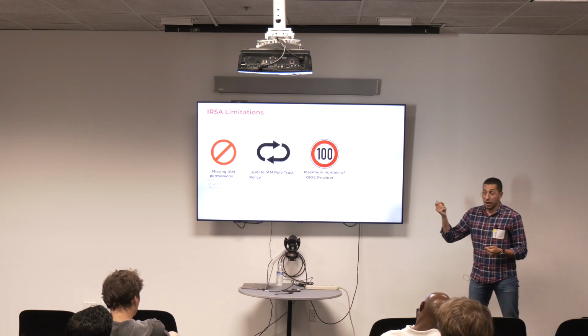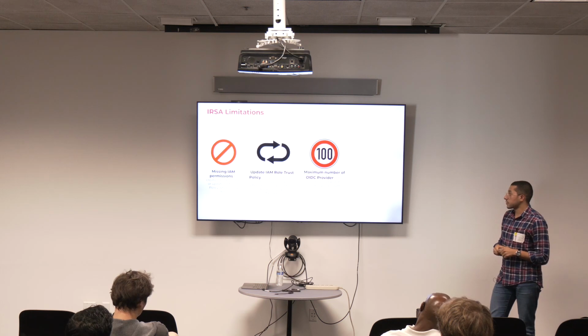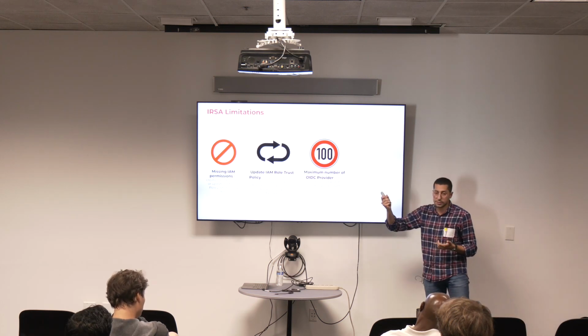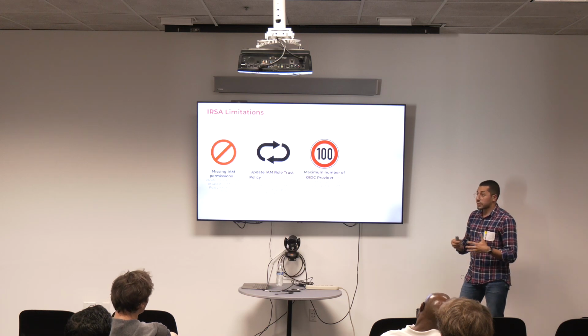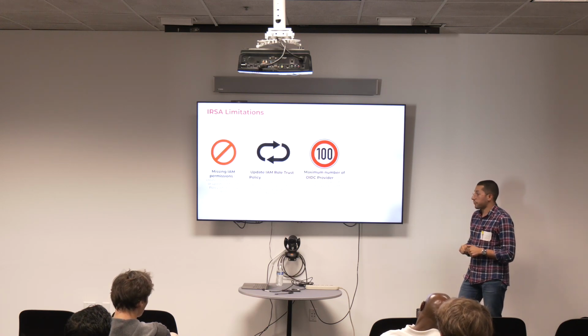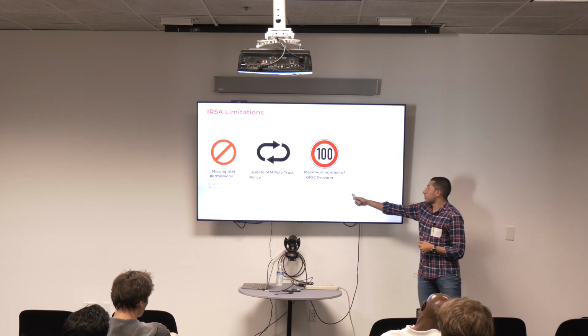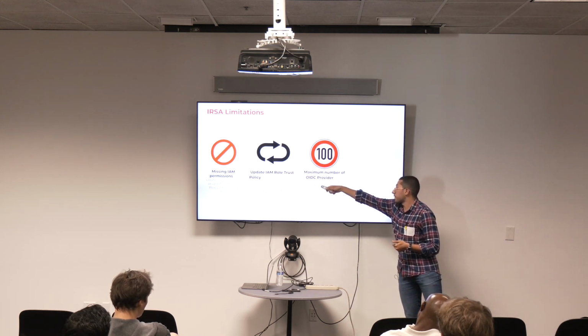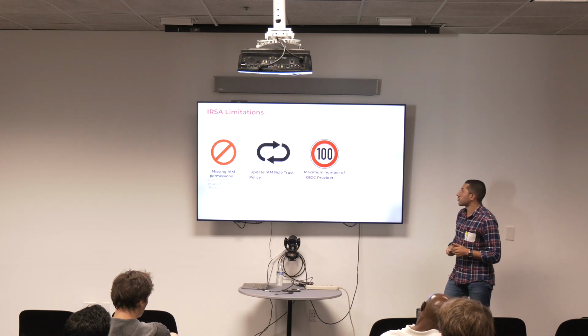There is also a hard limit on an AWS account, which is the number of OIDC providers. So if you are working in a company where you have to set up a lot of Kubernetes clusters, you cannot exceed 100 because you cannot have more than 100 OIDC providers.